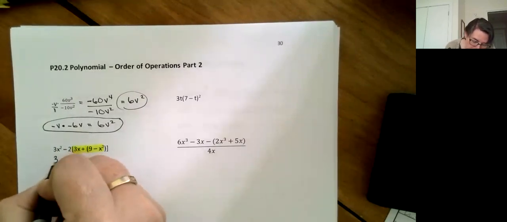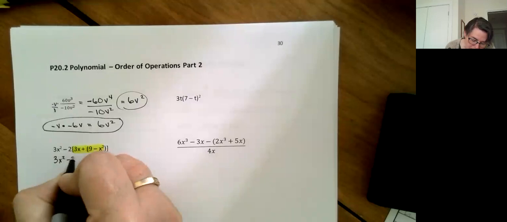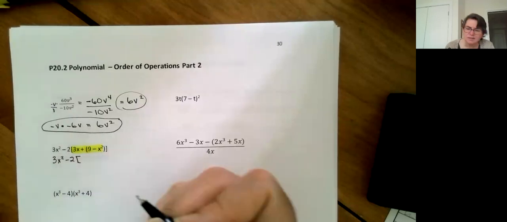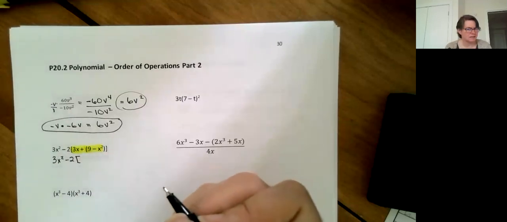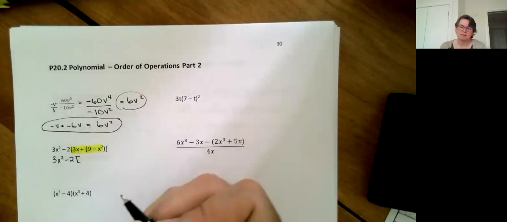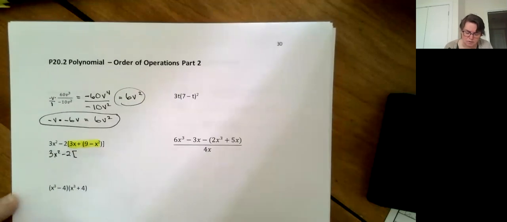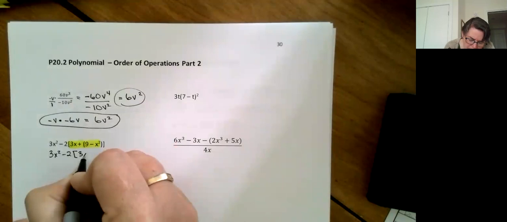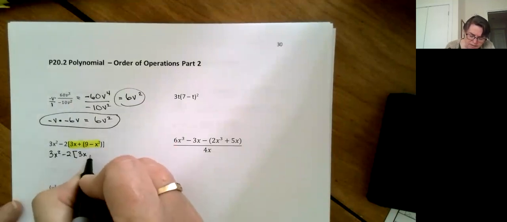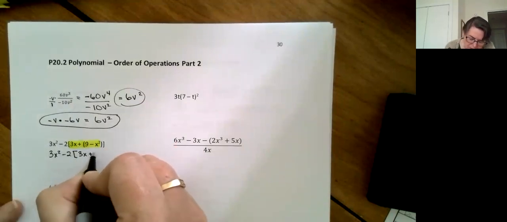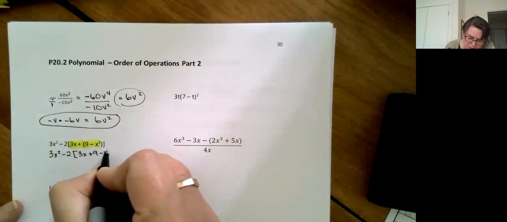So let's write this down, minus 2. Don't change the shape of the bracket. It's not huge, but it's best practice not to. It just keeps everything more organized. 3x. Now, plus in front of a bracket just means I can drop that bracket. Plus 9 minus x squared.